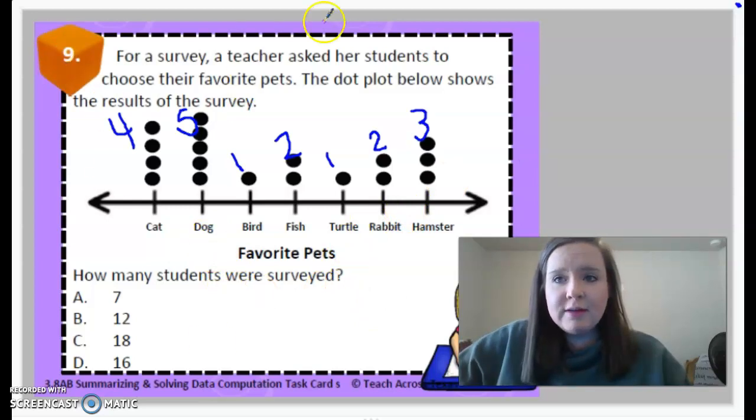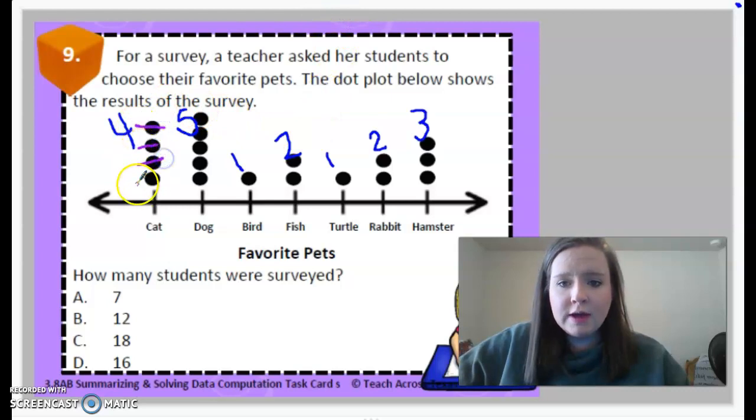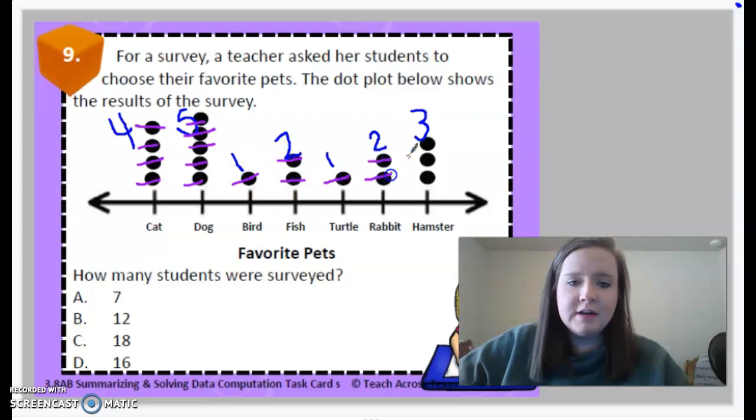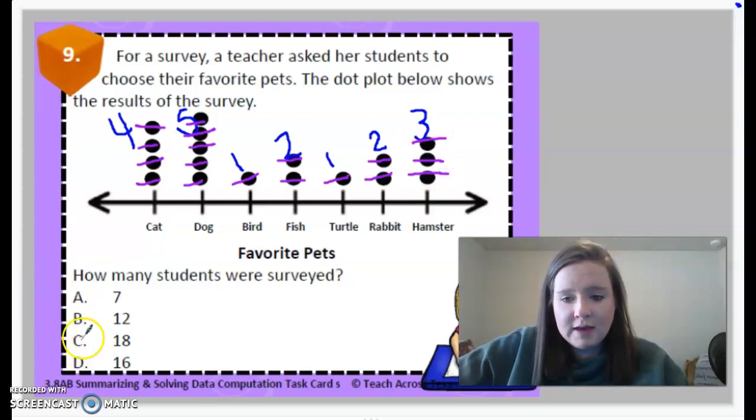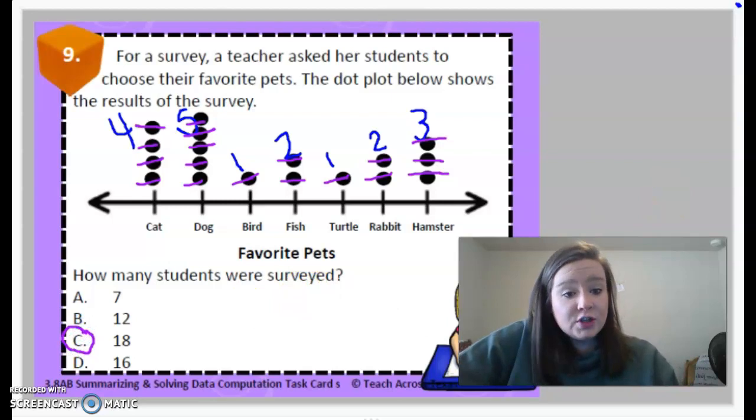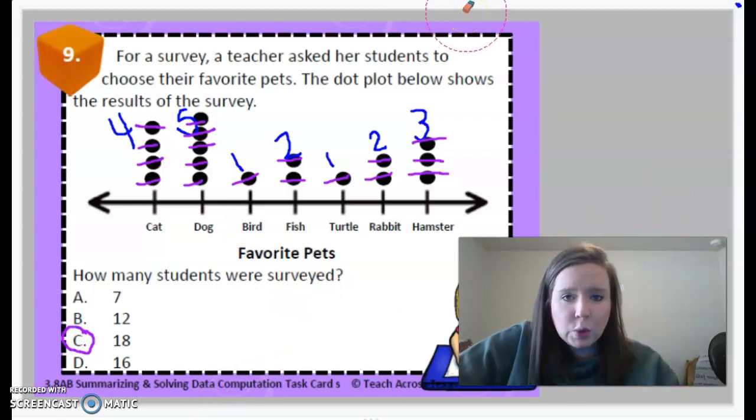So let's count them up. 1, 2, 3, 4, 5, 6, 7, 8, 9, 10, 11, 12, 13, 14, 15, 16, 17, 18. Okay, the correct answer is letter C, 18. All you had to do here was count the total number of dots because that represented the total number of students that were being surveyed.